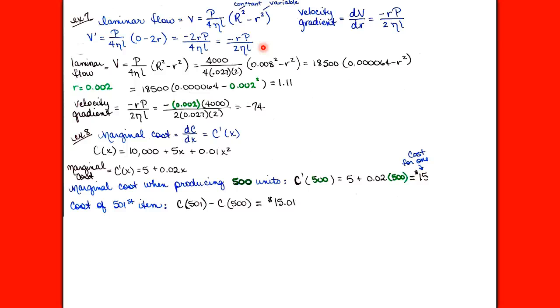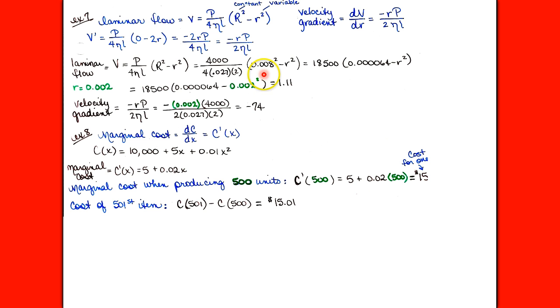All right, then they asked me to go back and to find the laminar flow and the velocity gradient given some particular dimensions. So they've told me that the pressure is going to be 4,000. That eta is going to be 0.027, that L is going to be 2, that capital R is going to be 0.008.